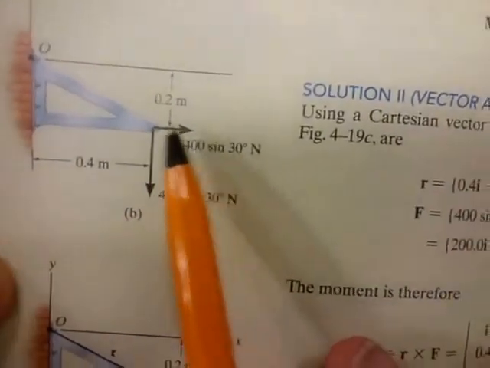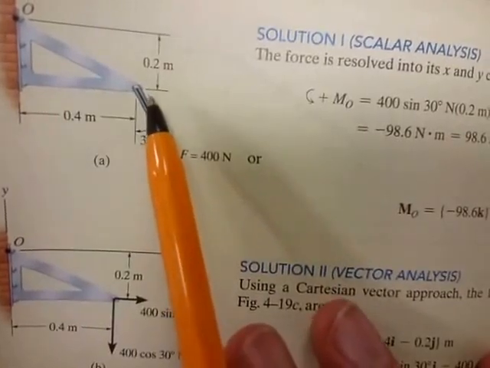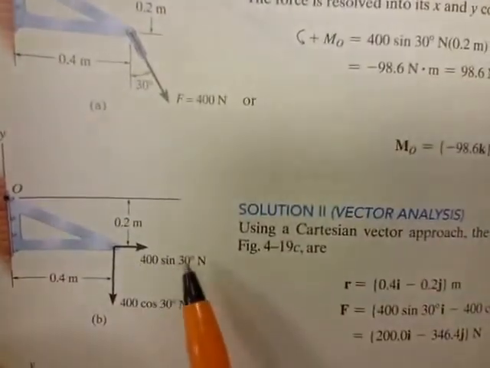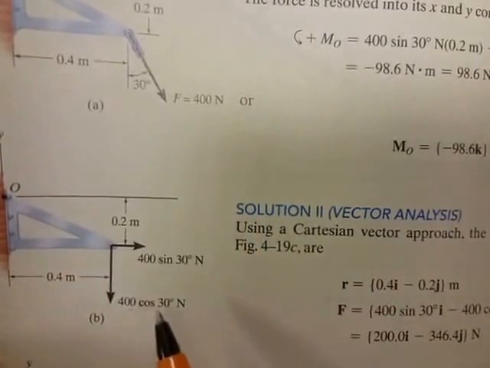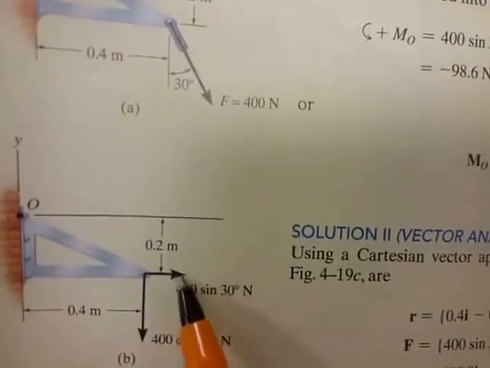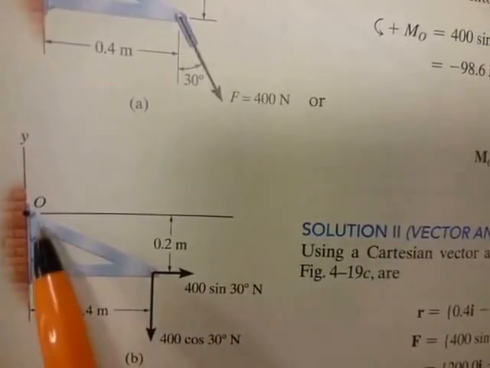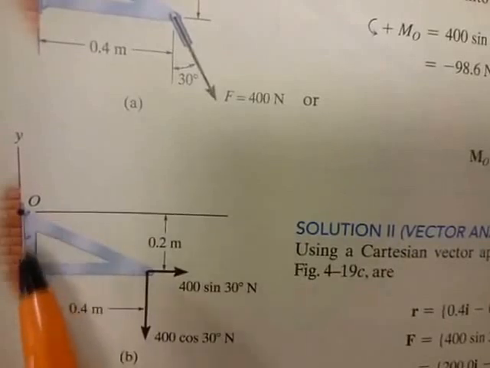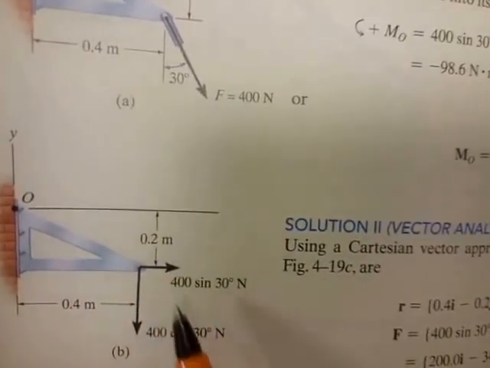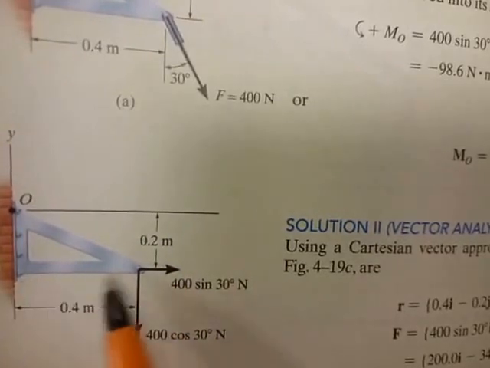So if we've got this force, we have 400 Newton sine 30 will be the x component, and 400 Newton cos 30 will be the y component. Then I still need my moment arm. So if I extend this line of action of my fx, I can see that will be my moment arm, which is 0.2. And if I extend this line of action there, I see that my moment arm is 0.4.